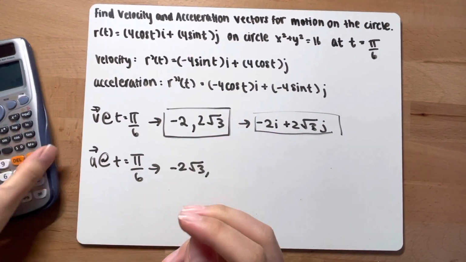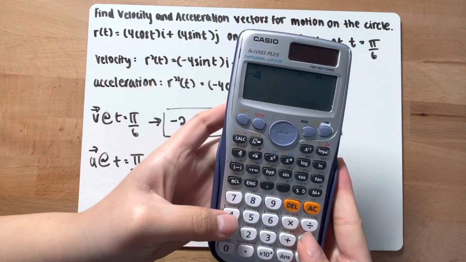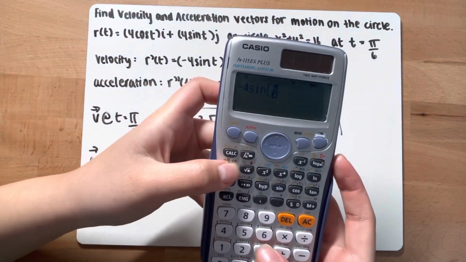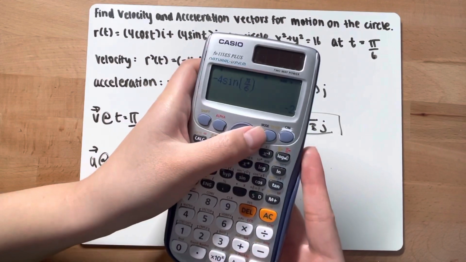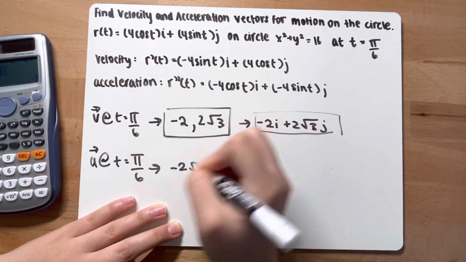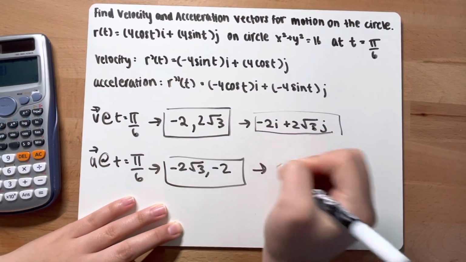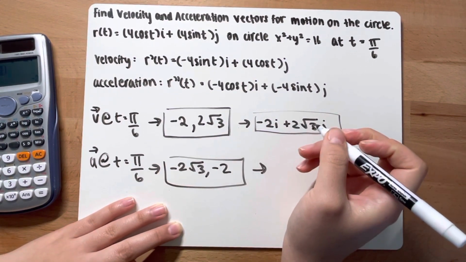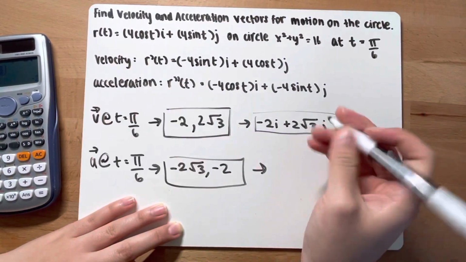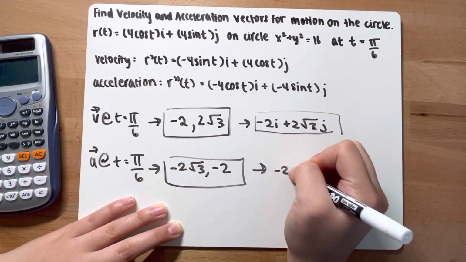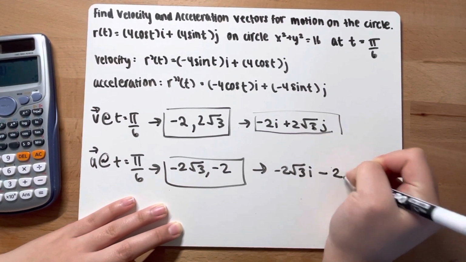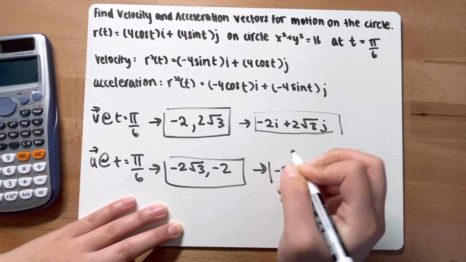And then for your j component, you do negative 4 sine pi over 6, which gives you negative 2. Alright, so your vector for acceleration on this function would be negative 2 root 3 i minus 2j. There you go.